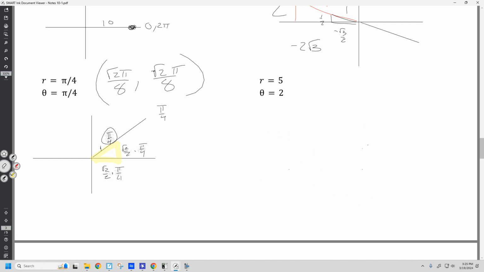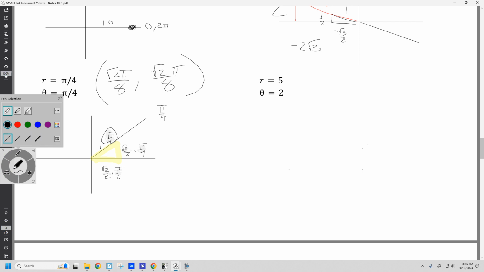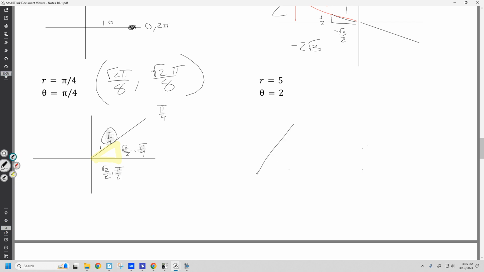Maybe instead just think of it like a triangle where you have a hypotenuse of 5 and an angle measurement theta. And that theta is 2. You have an angle and you have a hypotenuse. Then you're trying to find an x and you're trying to find a y. What would you type into your calculator to find x and y?